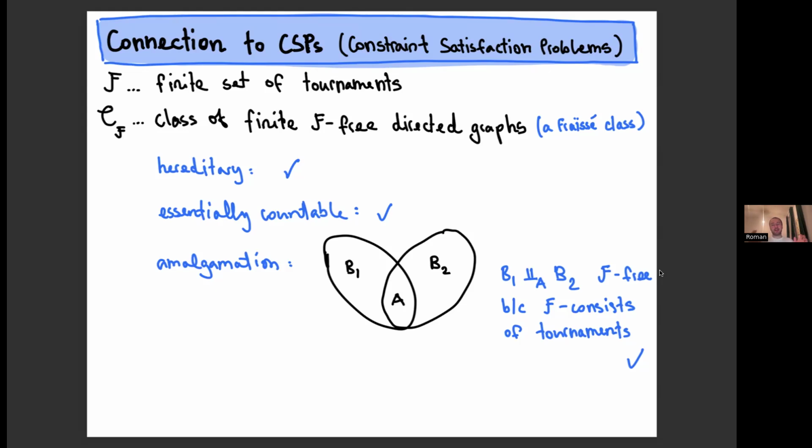How do we glue them together to still have an F-free directed graph? Well, we just glue them together in a way that there are just no edges between the points in B1 and the points in B2 which don't lie in A.